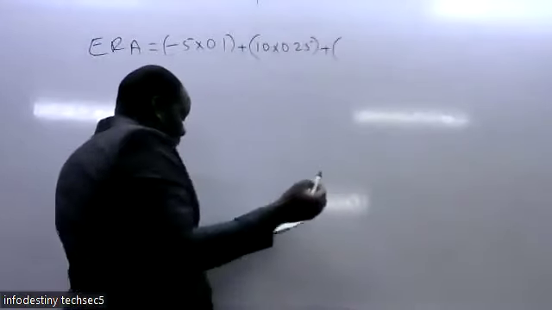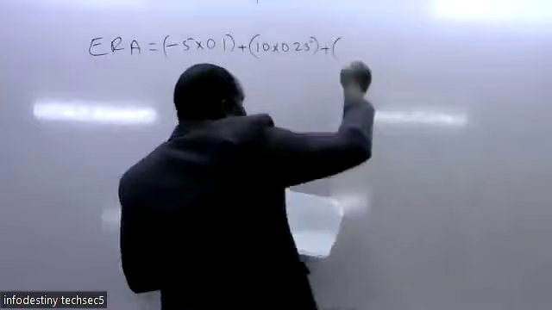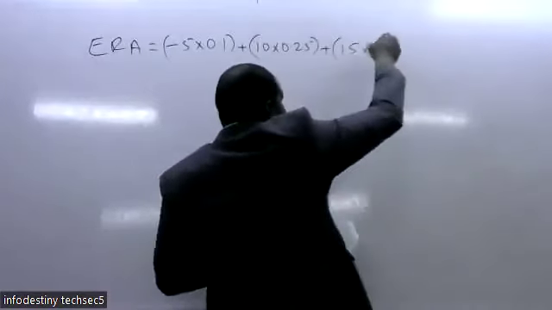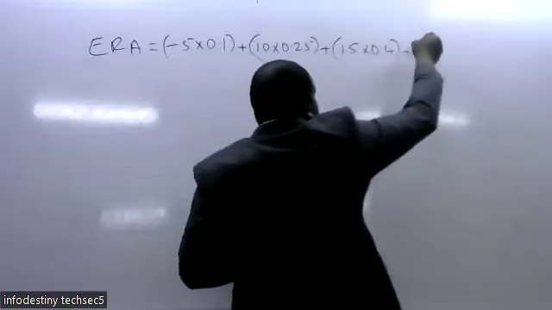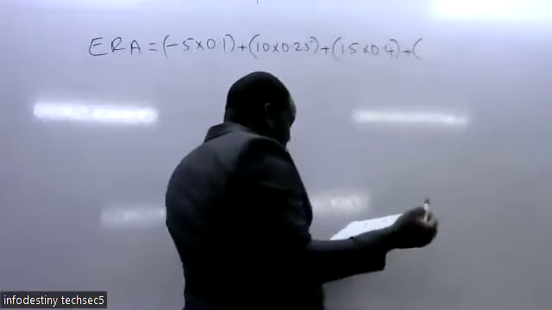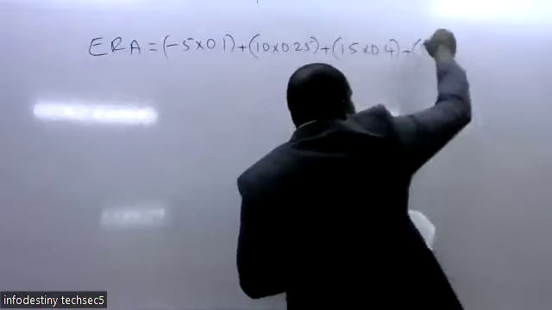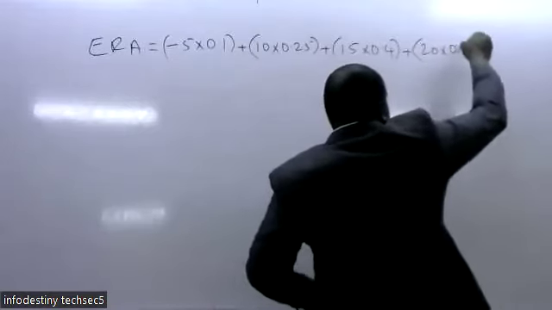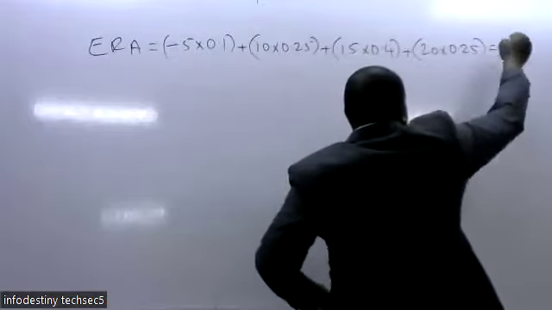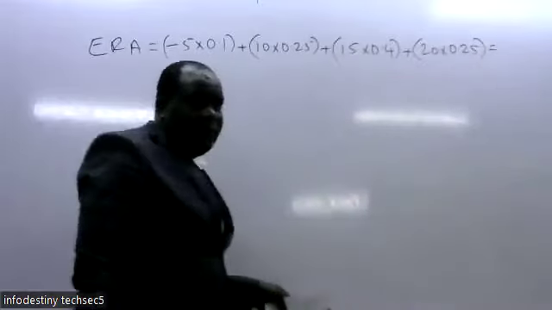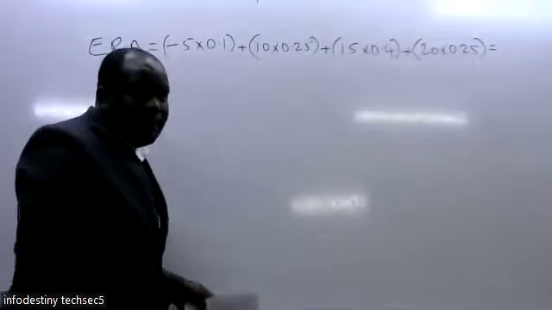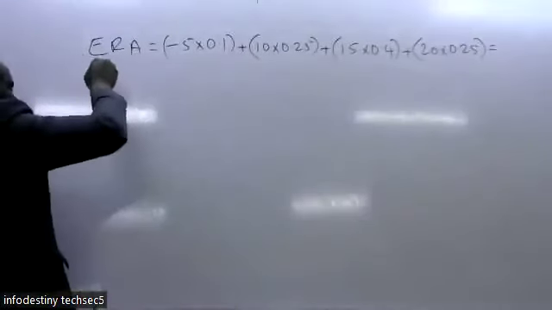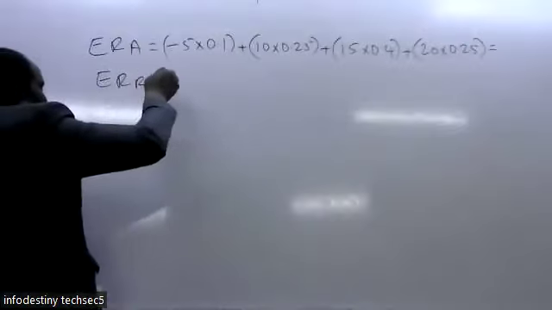The next one is 15 multiplied by 0.4. Then finally 20 multiplied by 0.25. Then you will also compute expected return on B.